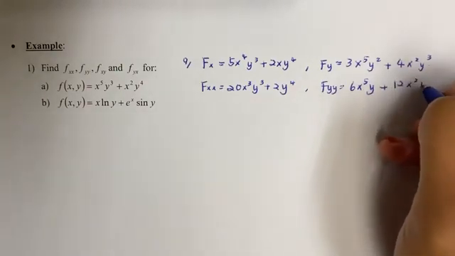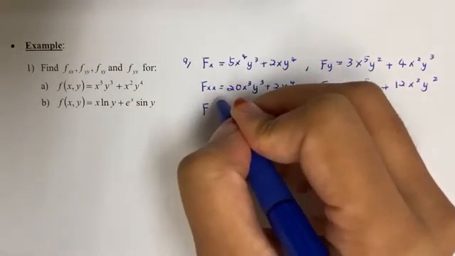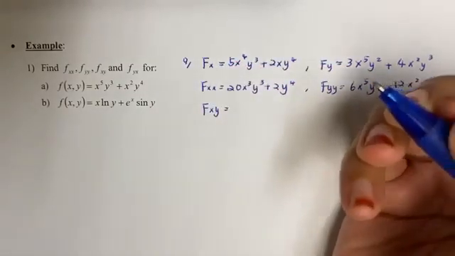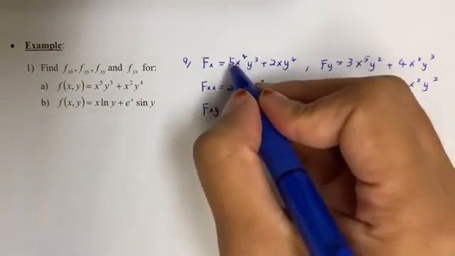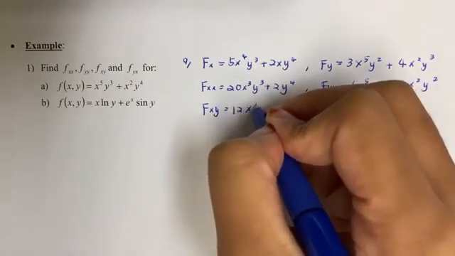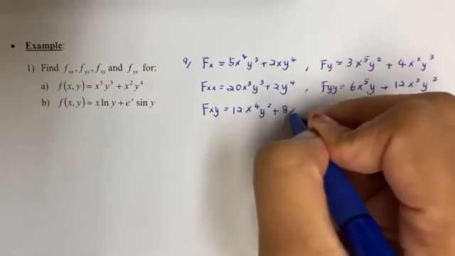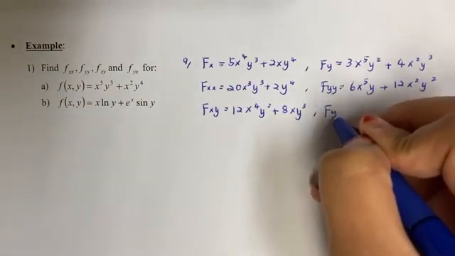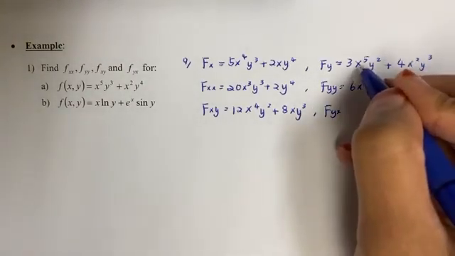12x square y square. Okay, next we have to find from this f_x, we need to find f_xy. For f_xy, from here, differentiate with respect to y. So x is constant, so you have 12x to the power of 4 y square plus 8x y cubed. And then for f_yx, refer to your f_y here, differentiate again with respect to x.